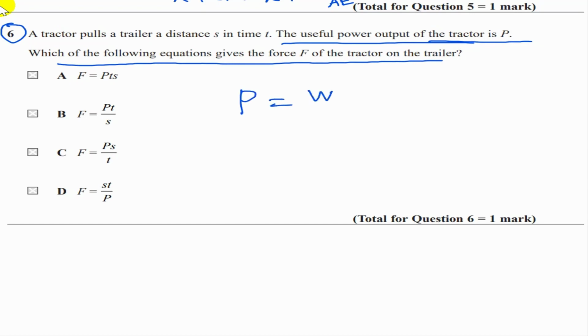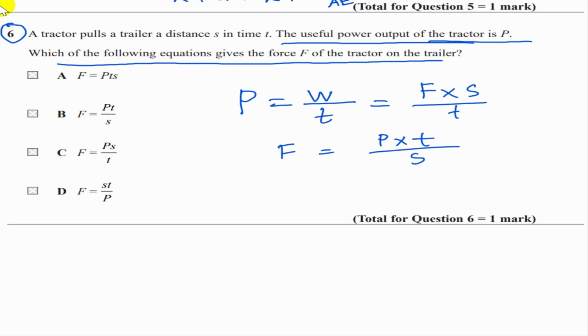We know power equals work done divided by time. We know work done equals force times displacement or distance moved along the direction of the force. So F equals power times time divided by s. So correct answer is B here. Total for question 6 equal to 1 mark.